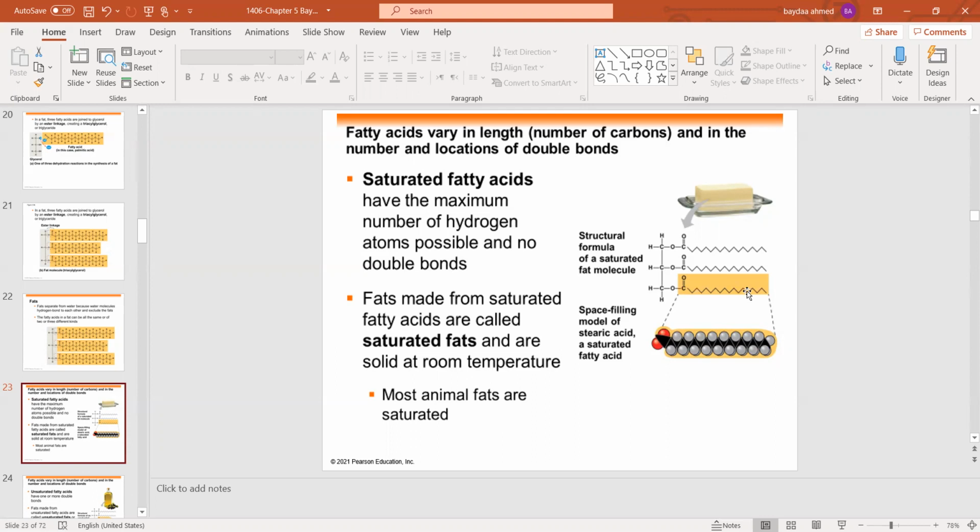So saturated and unsaturated refer to the structure of the hydrocarbon chains of the fatty acids. We describe a fat as saturated or not depending on whether there are double bonds between the carbons that form the hydrocarbon chains of fatty acids.